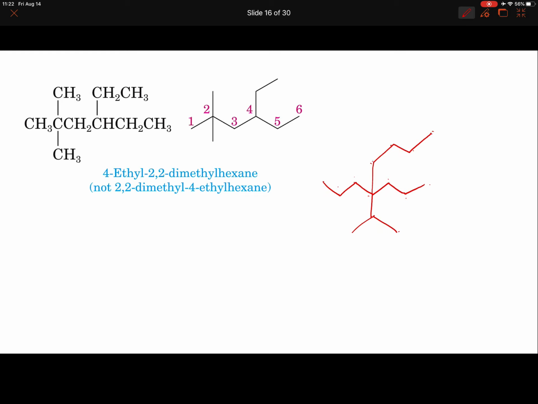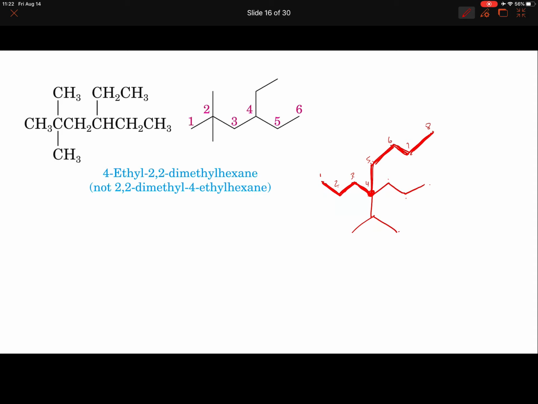Okay, so I think the parent chain is there. So 1, 2, 3, 4, 5, 6, 7, 8, as opposed to the other way, which would put this carbon down here at number 5.